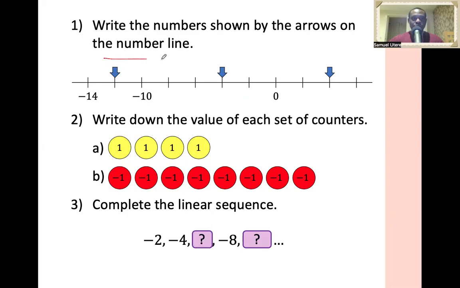So the numbers will be increasing going that way. So between negative 14 and negative 10, we have 4, or negative 4, right? We have 1, 2 intervals between these two. So negative 4 divided by 2 is negative 2, right? All right. Or we can just regard it as 2 every time.